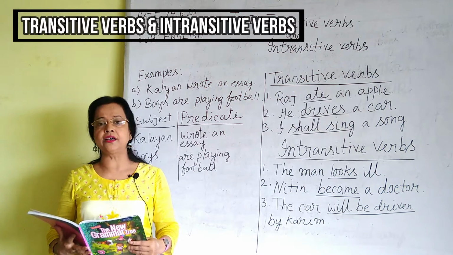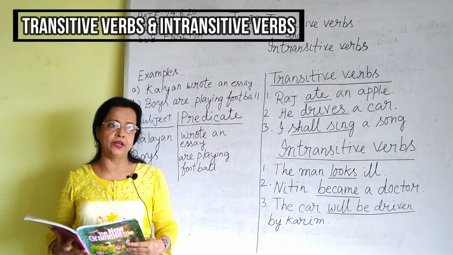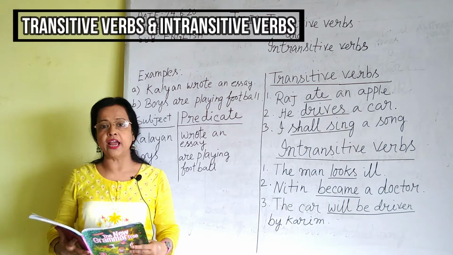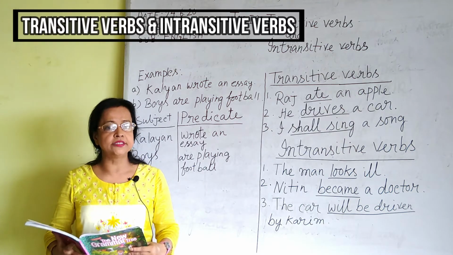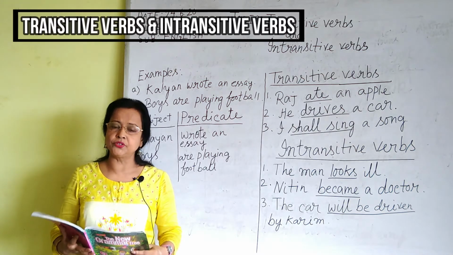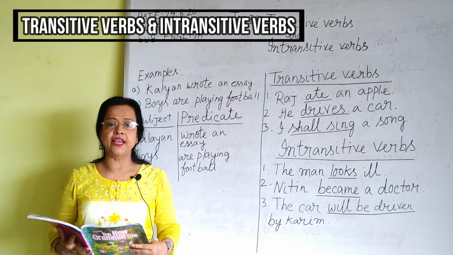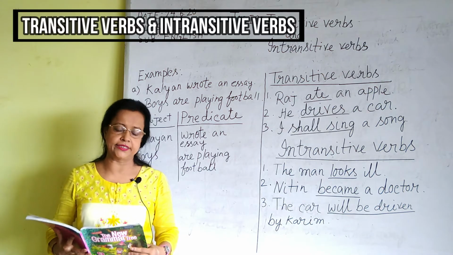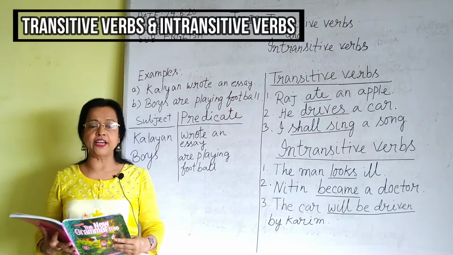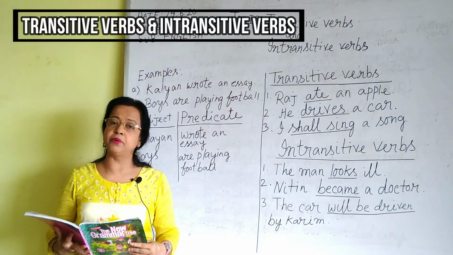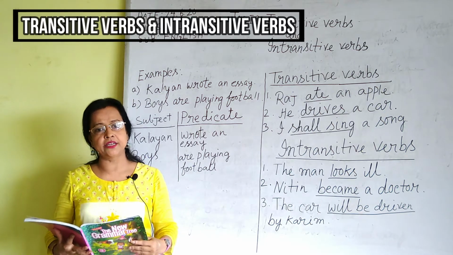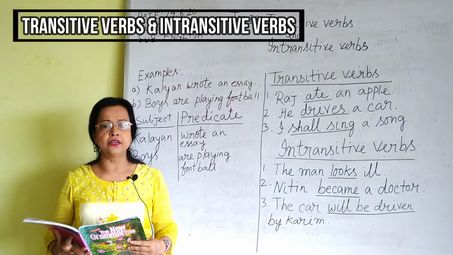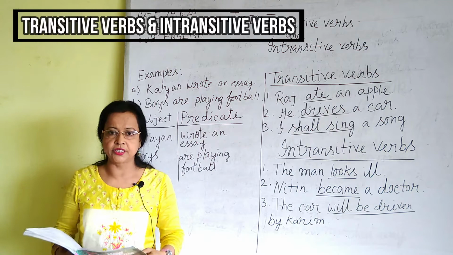The name of the thing or people we speak about is called the subject. What we say about the subject is called the predicate. Always remember, a predicate must contain a finite verb.